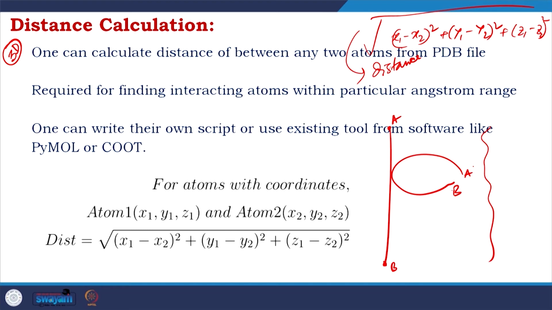If you are looking at a protein and you are looking at two residues, the distance would be calculated by this. How would it be helpful?